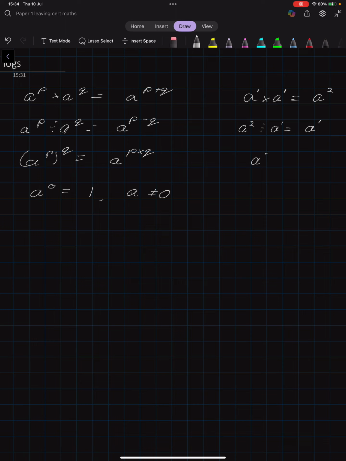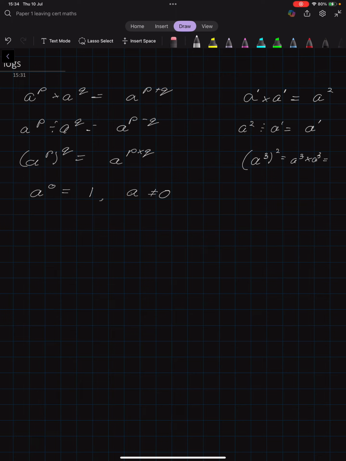A squared, that's equal to a squared times a squared. Okay, sorry, this is a really bad example. Cubed. Cubed and cubed.